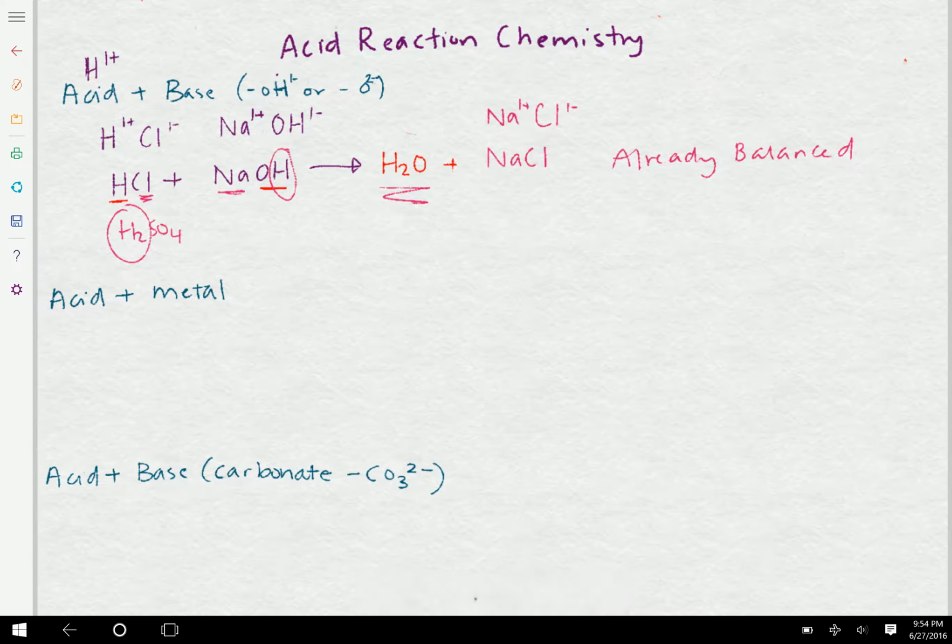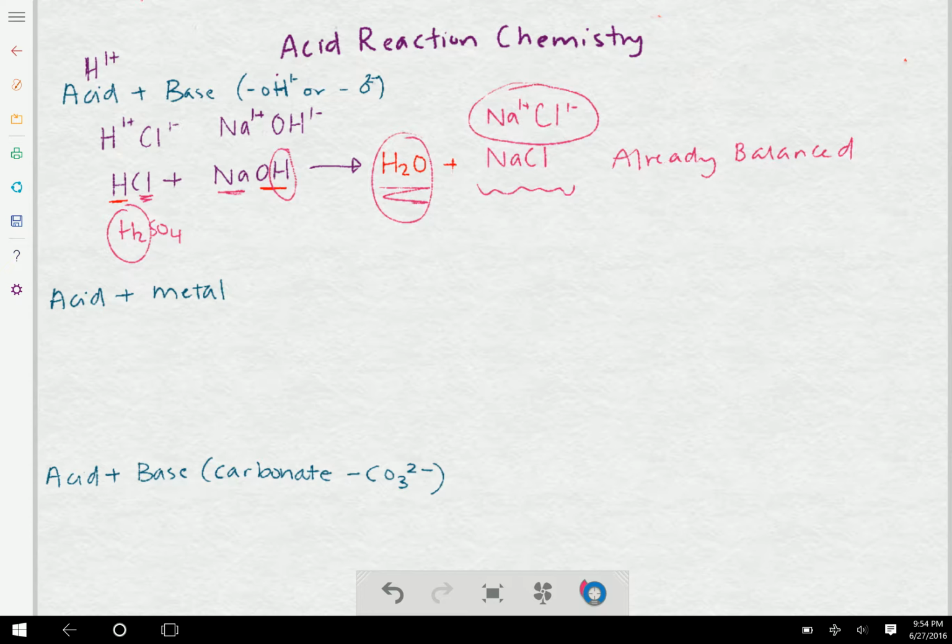So it's not going to change this product, and it's not going to change my salt. My salt is going to be based off of the oxidation states of the metal cation and the non-metal anion. And just a reminder, we always write the metal first, or the cation first and the anion second, whenever I'm writing out those words. Let's take a look at another one.